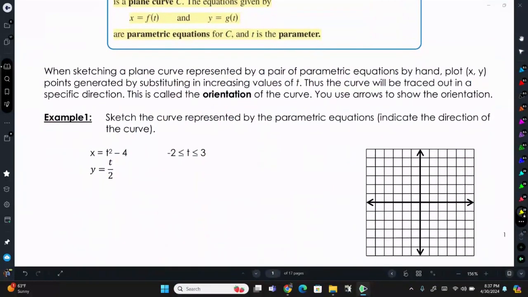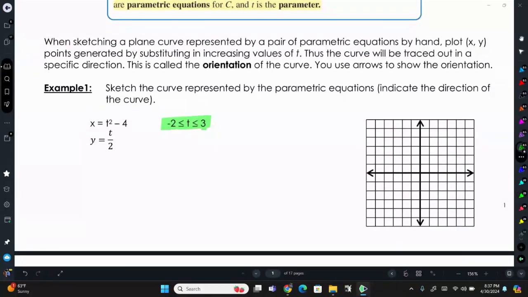When we sketch parametric equations, we have to substitute values of t into both equations. And because this could go in any direction, we need to draw an arrow representing what direction this curve goes.